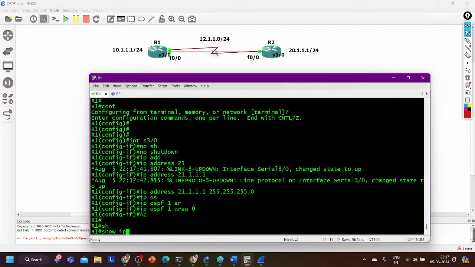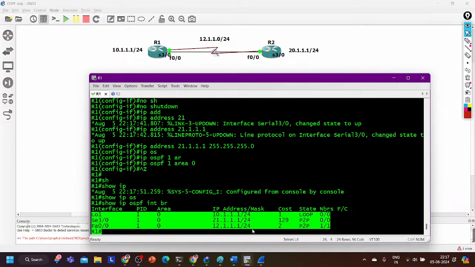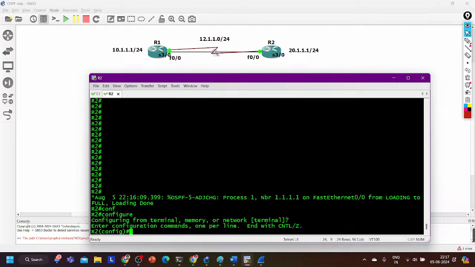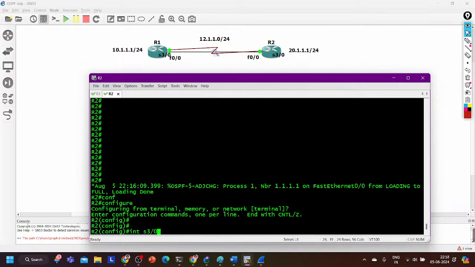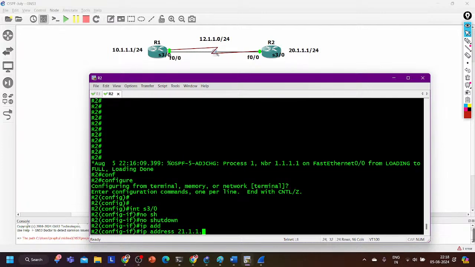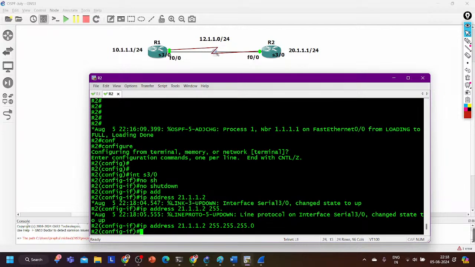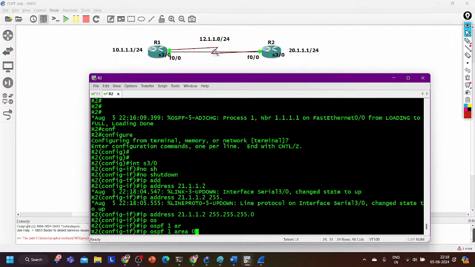Right now, show IP OSPF interface brief, you can see OSPF is enabled on all the interfaces. Go to router number 2. On router number 2, interface serial 3/0, say no shut, and IP address 21.1.1.2 255.255.255.0 and IP OSPF 1 area 0.